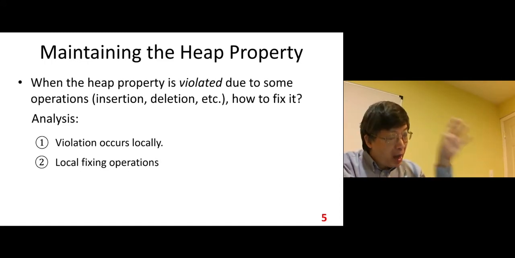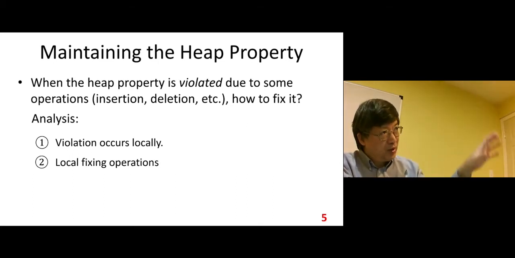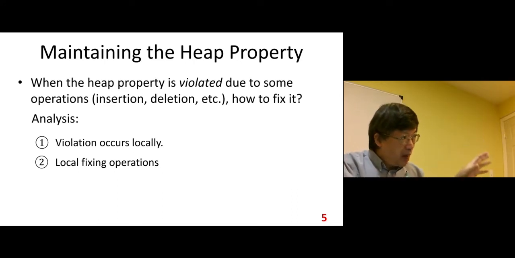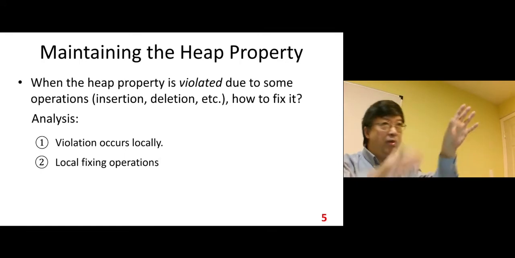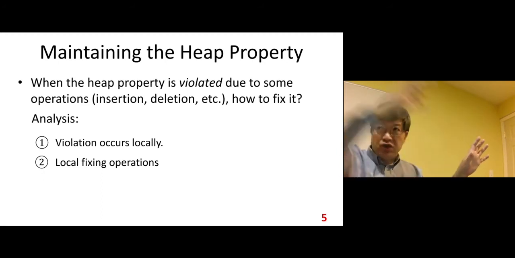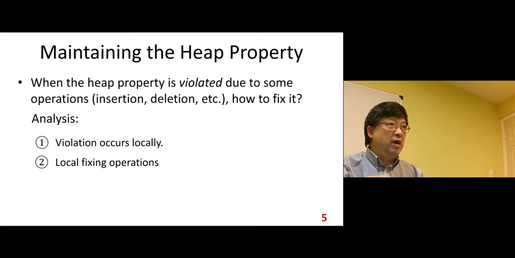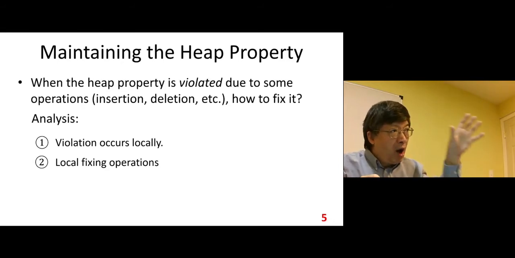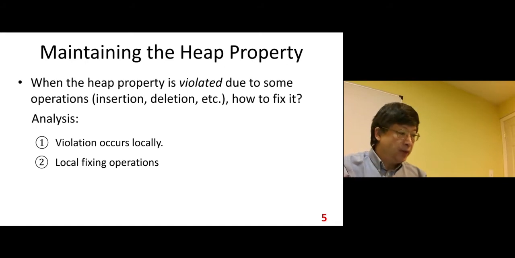Then the violation could happen at that child node. So we try to detect and fix. In that way, we always do the fixing operation locally, not globally. So we do not touch other parts of the tree. Otherwise it could be very complicated. So the local fixing property will make our whole operation relatively simple.